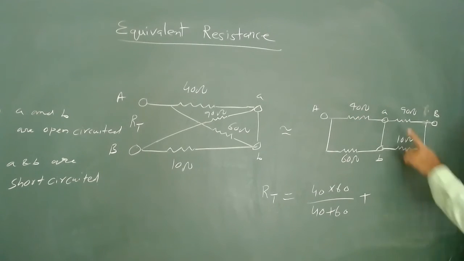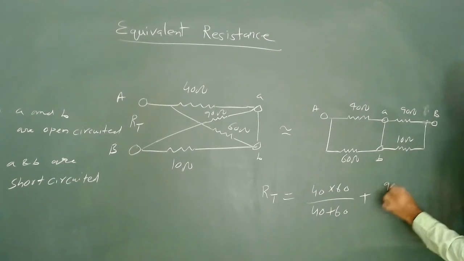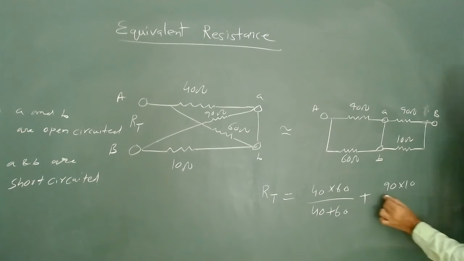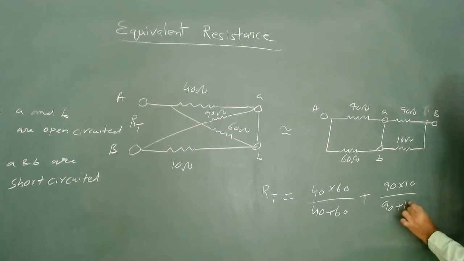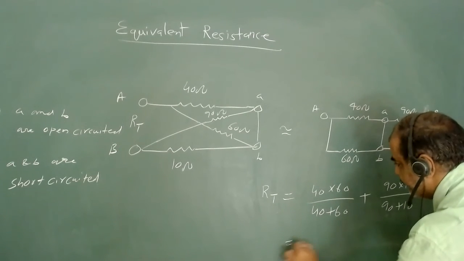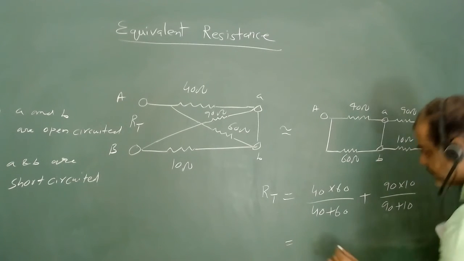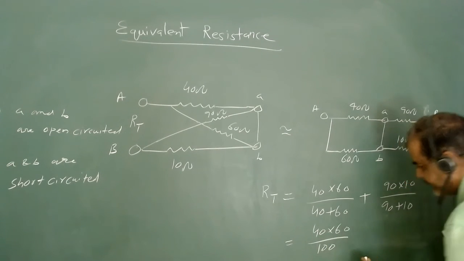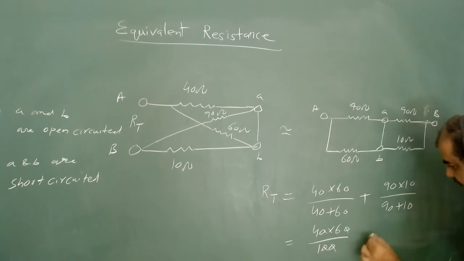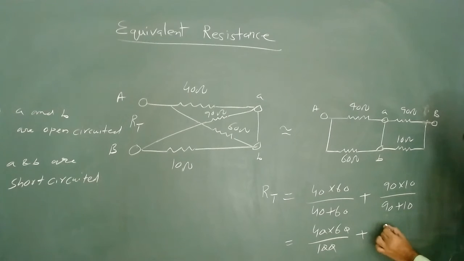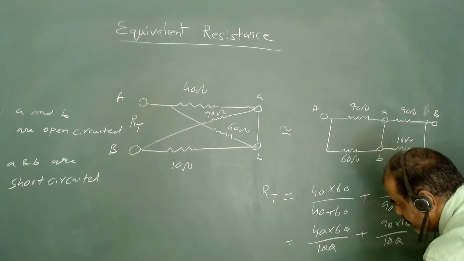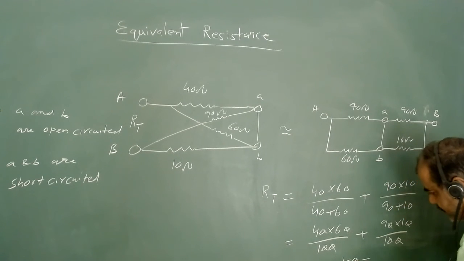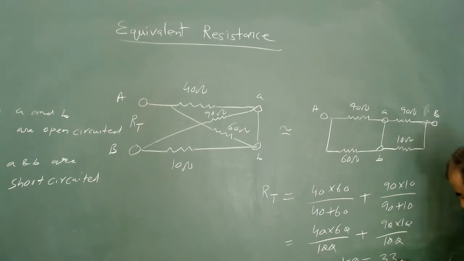So this becomes 90 into 10 upon 90 plus 10. 40 into 60 upon 100 becomes 24, and 90 into 10 upon 100 becomes 9. So the equivalent resistance is 33 ohm.